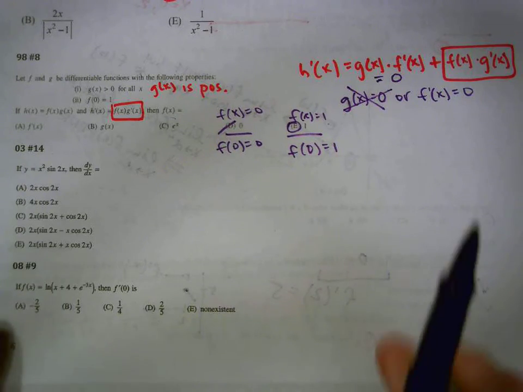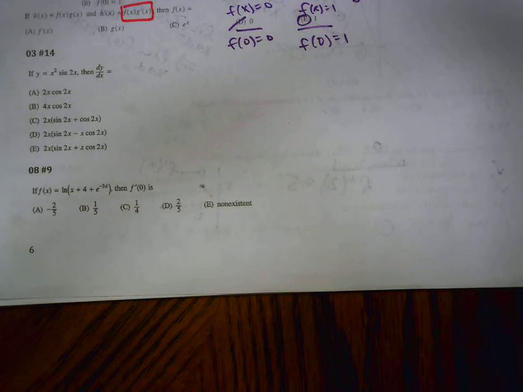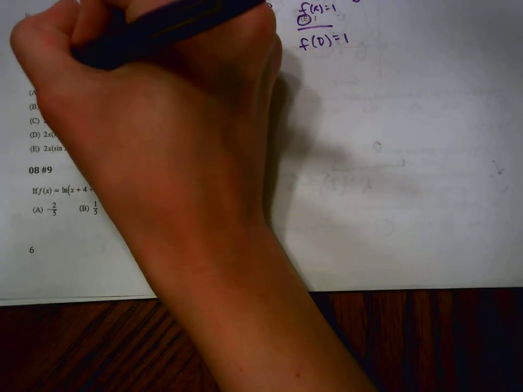Okay, last two. First one is y equals x squared times sine of 2x. Get the derivative, so that's straightforward. Hopefully you see that you're going to need product rule, and you're going to need chain rule for the second.